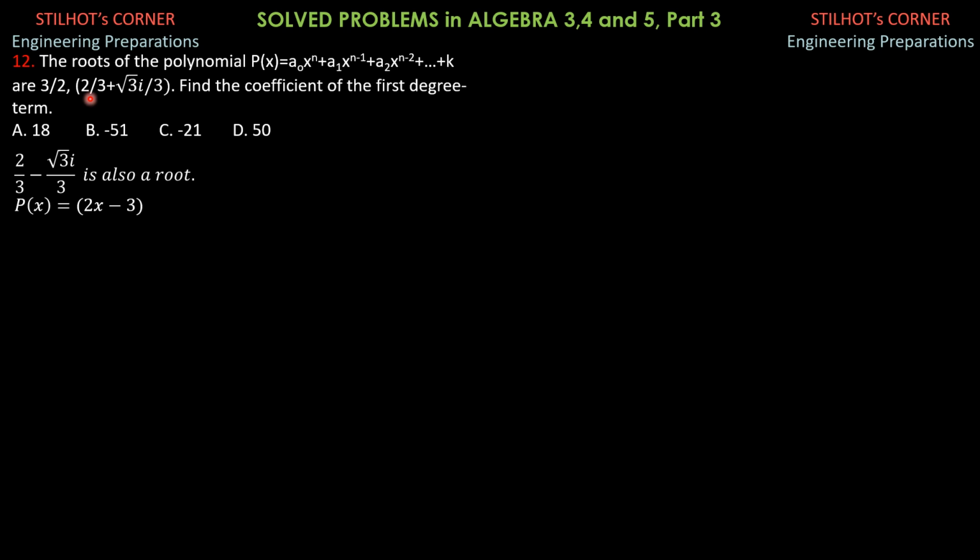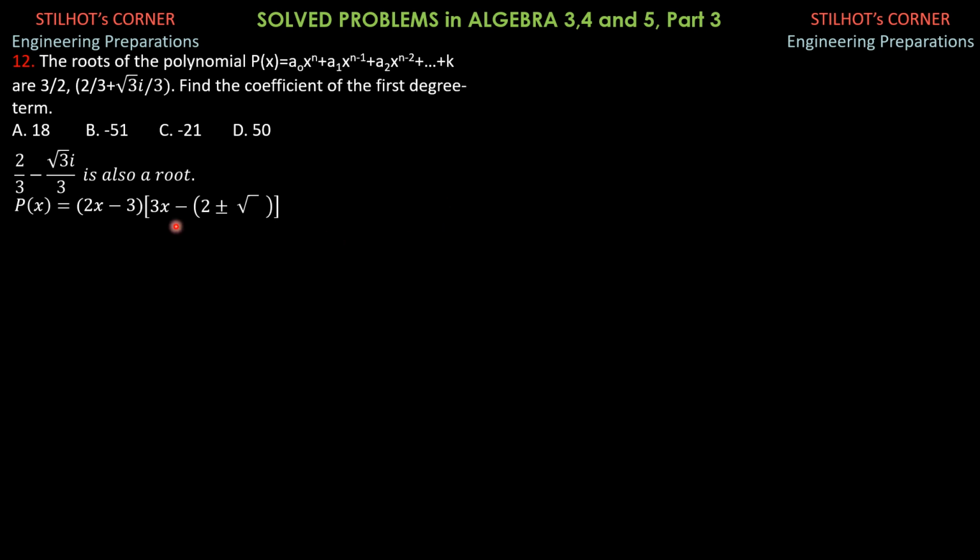In factored form, we have quantity 3 minus quantity 2 minus square root of 3i, and the other factored form is 3 minus quantity 2 minus square root of 3i.